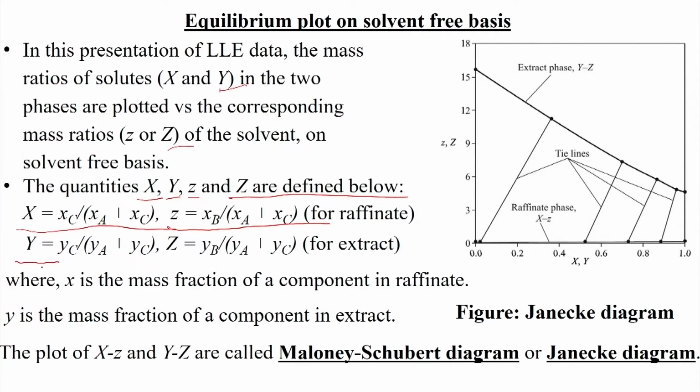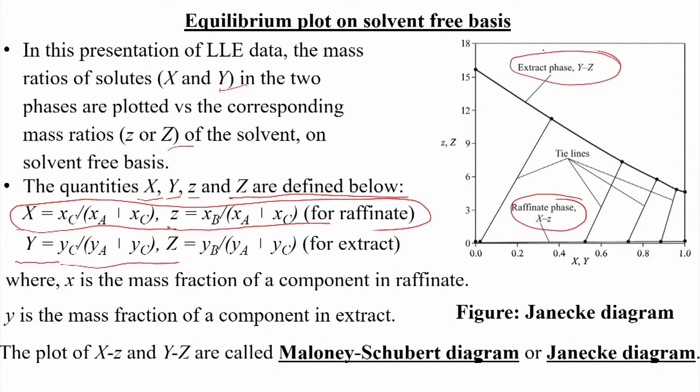In the extract composition, capital Y is equal to yc by ya plus yc, and capital Z is equal to yb by ya plus yc. So, capital X and small z are the raffinate phase compositions, and capital Y and capital Z are the extract phase compositions.